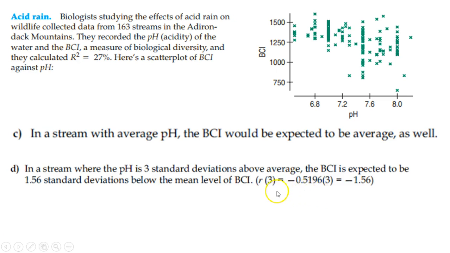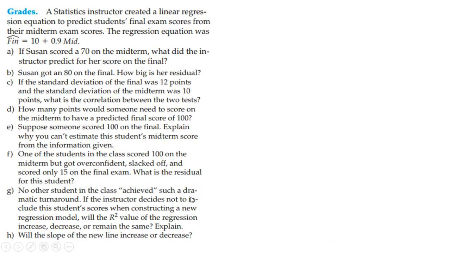Basically, in order to get that, if you know that it's 3 standard deviations away, it's the standard deviations away times the correlation, and we found the correlation because we square rooted that. So we would expect that the BCI would be 1.56 below. That's why, when the pH is 3 standard deviations above, the BCI is expected to be 1.56 standard deviations below, because the correlation is negative.